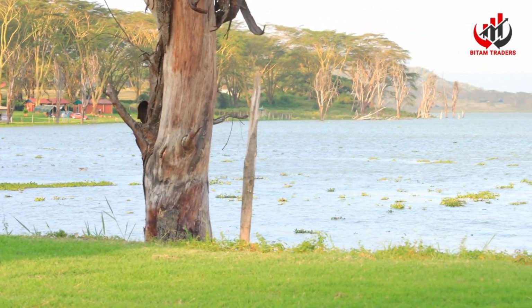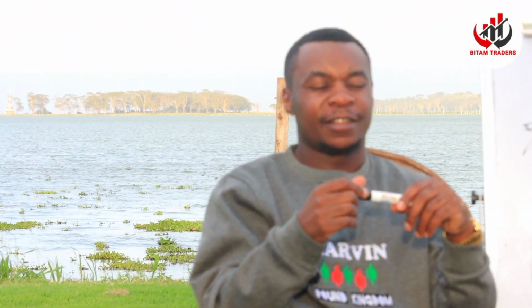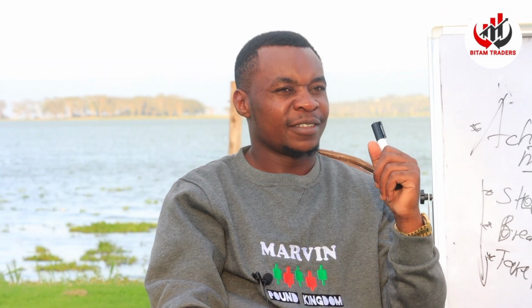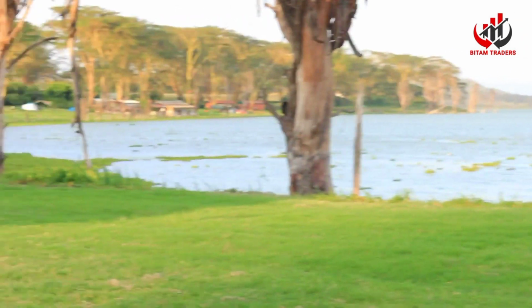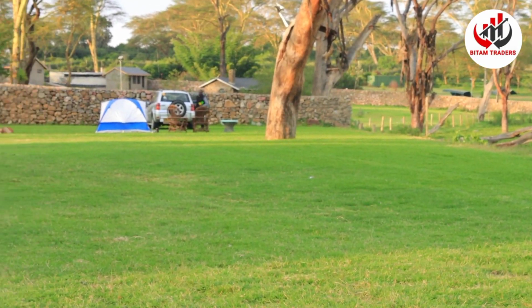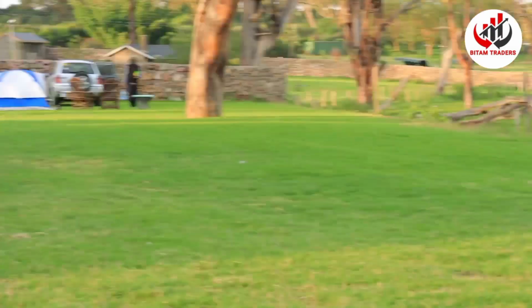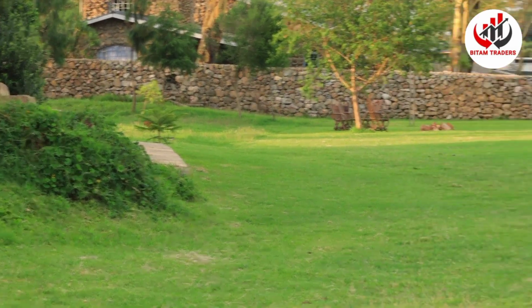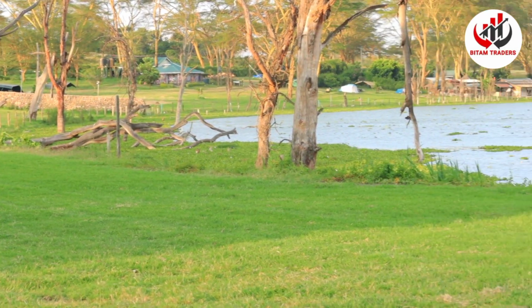It's located at the far end, a place called Kongoni. Along Moi South Lake Road, at the end of Moi South Lake Road, is a place called Kongoni. I think the main landmark is Kongoni Police Station, I guess.